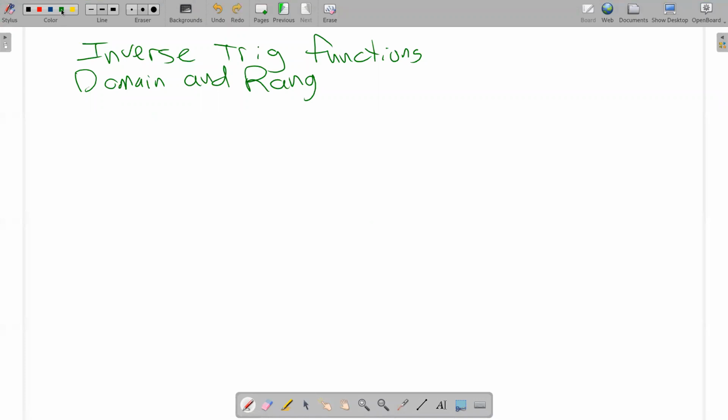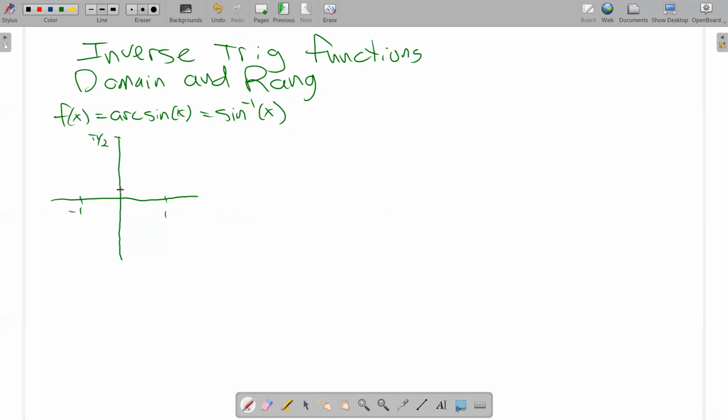So we've already seen that the inverse for the sine, the arc sine, also known as the sine inverse, had to be constrained so that it was actually a function. And so it had a domain of -1 to 1 and a range of pi/2 to -pi/2.